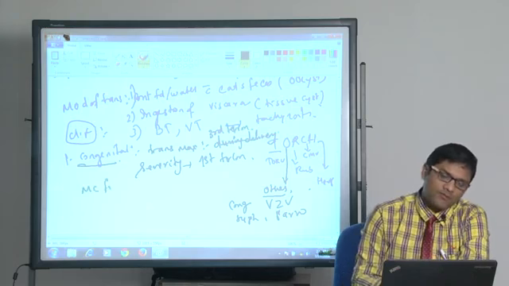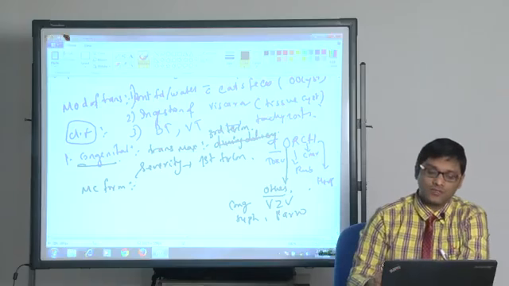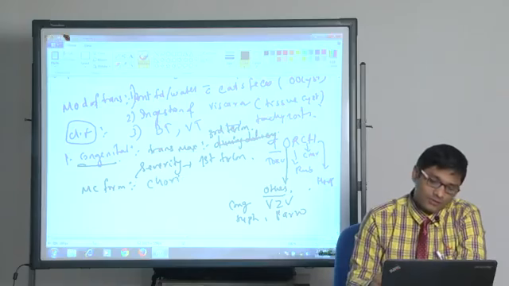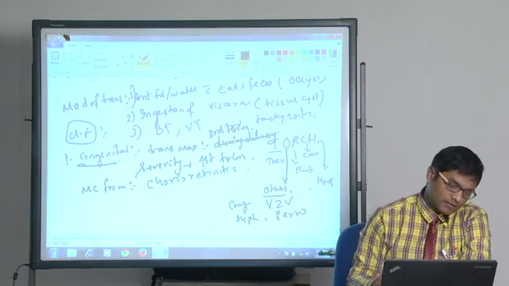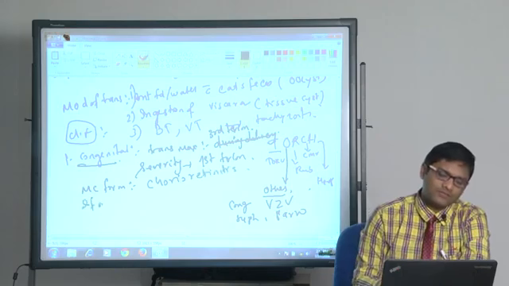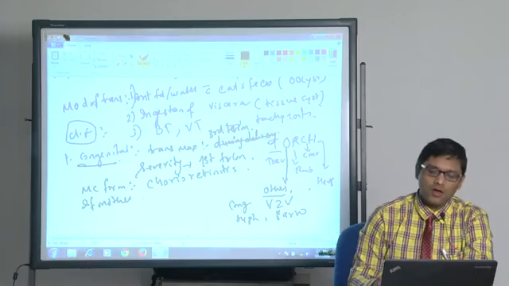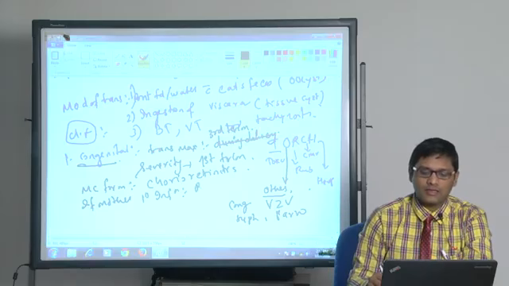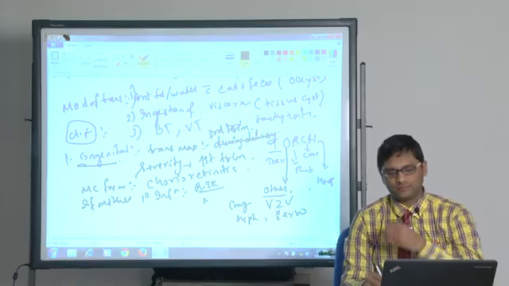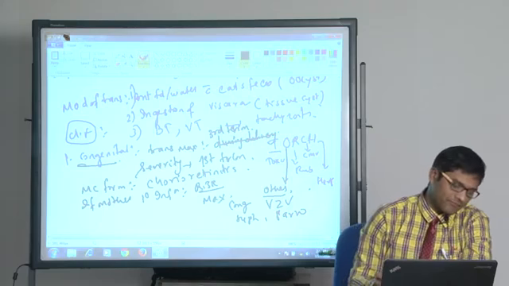The most common manifestation of congenital toxoplasmosis is chorioretinitis. As I told you earlier, the maximum risk is if the mother is having primary infection.